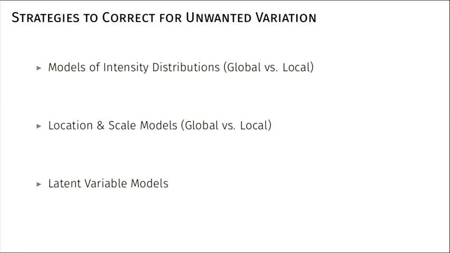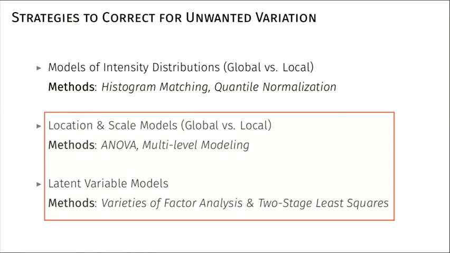And then there are latent variable models. The actual methods available for the first kind are, for example, histogram matching and various kinds of quantile normalization. In the interest of time, I won't be covering this class of methods, but I just wanted to put it out there. For the remainder, I will mainly give you examples of methods from the other two kinds.